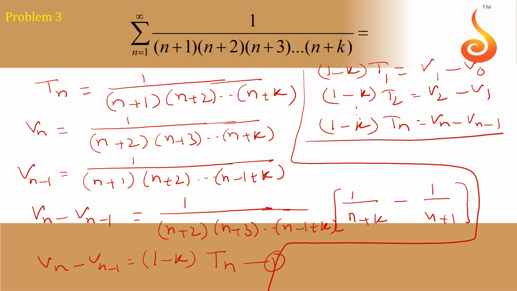If you add, telescopic cancellation will take place. So here you will get (1 minus k) into Tn equal to simply Vn minus V0.